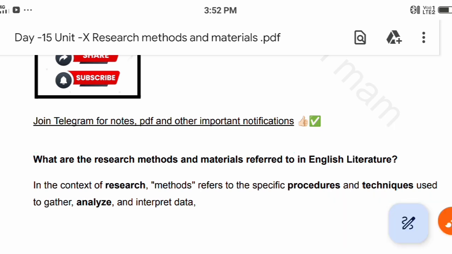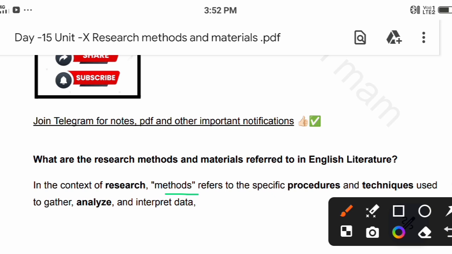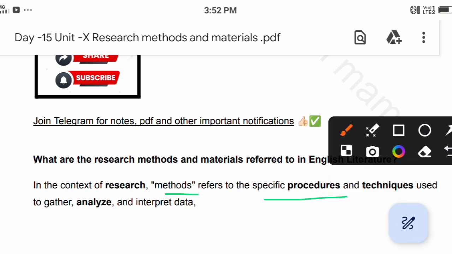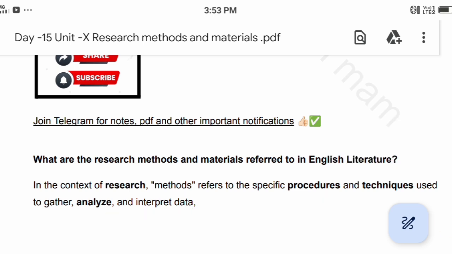In the context of research, methods refers to the specific procedures and techniques used to gather, analyze, and interpret data. This is the method by which you are going to research a specific topic; which method you are going to apply, you are going to use. That is the methods you will use while doing your research.